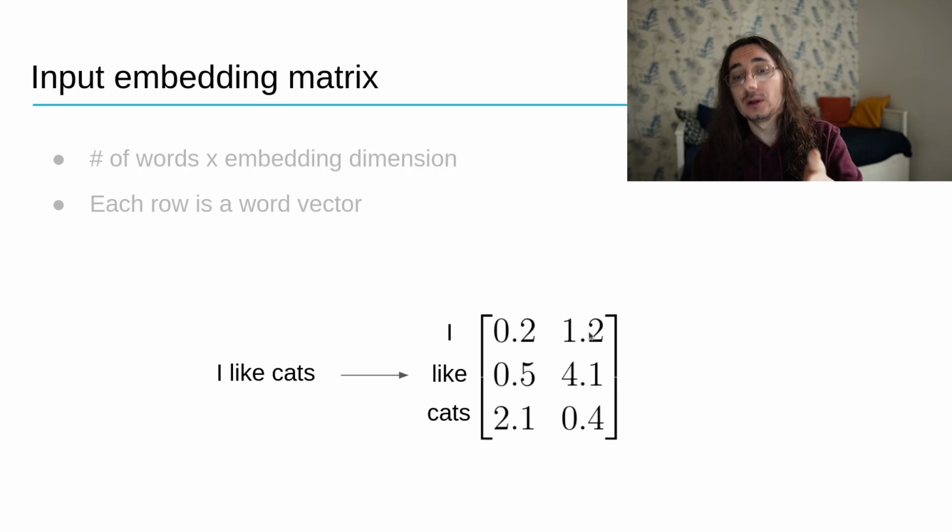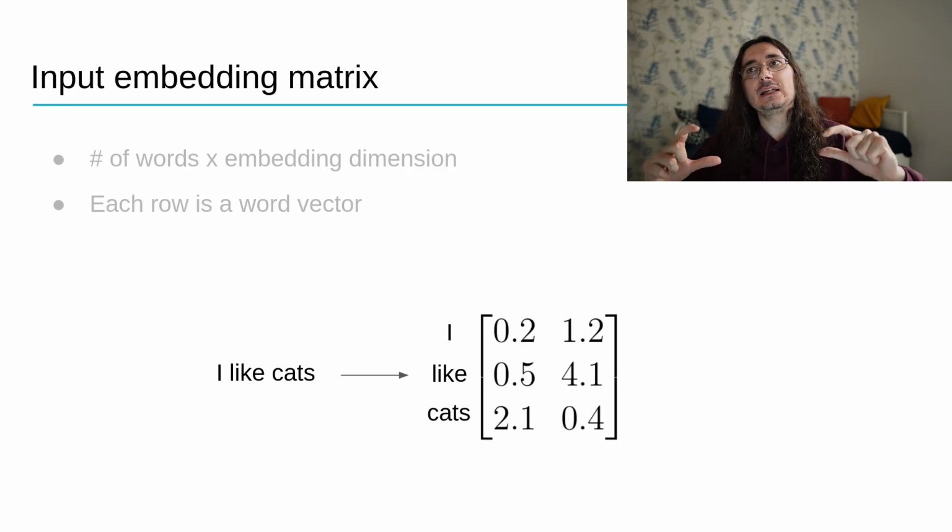So 0.2, 1.2 for I, for example. So that is the word vector for I. This is a way we use to let the model understand the original sentence. So we convert that into an input embedding matrix like this. This is it for the input embedding matrix.